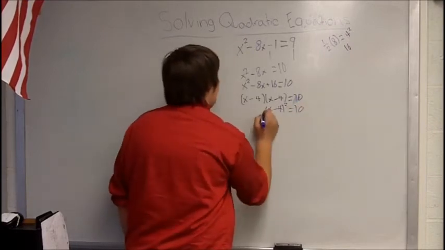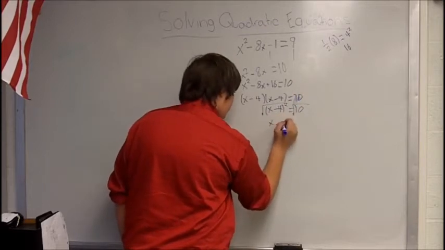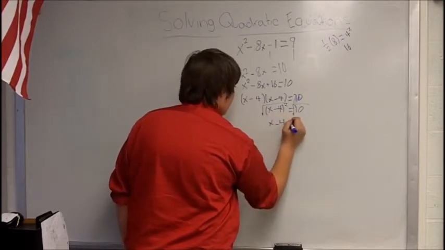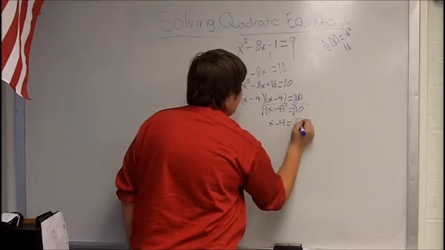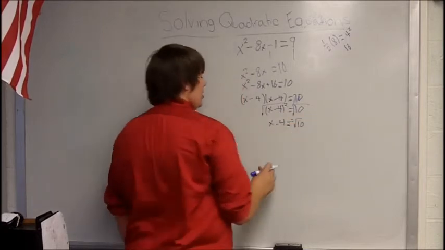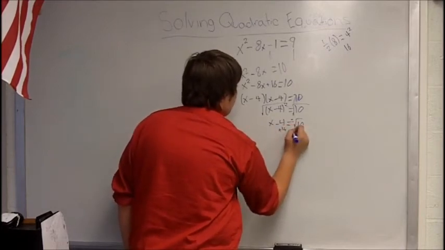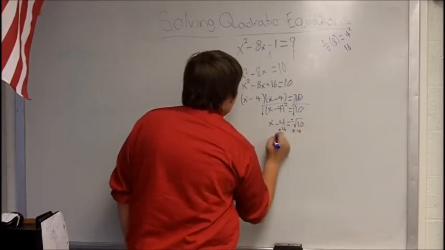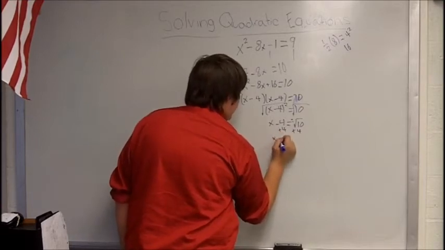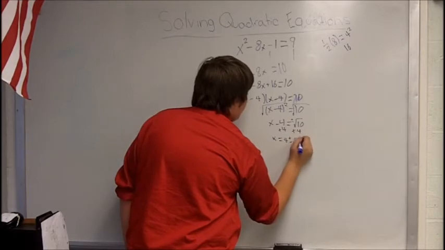And then to get rid of that, I have to take the radical. And then from there, I have to add this 4 to both sides. So x equals 4 plus or minus the radical.